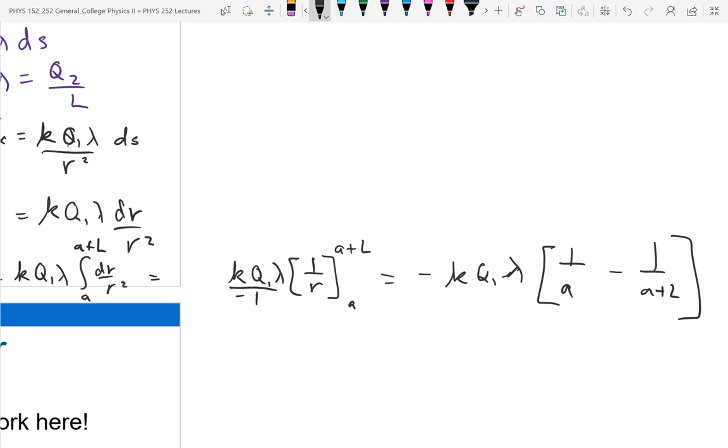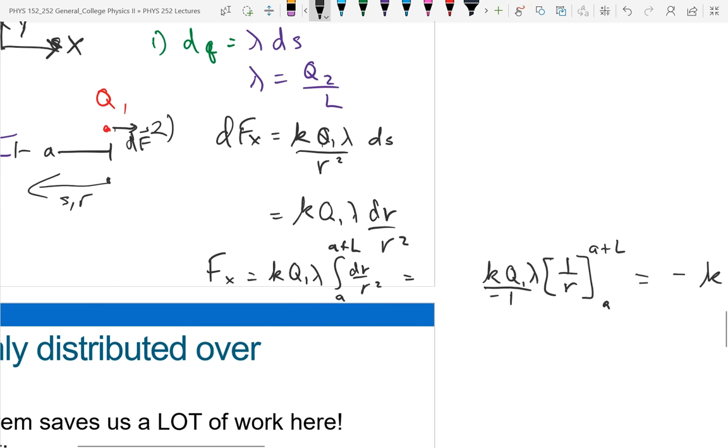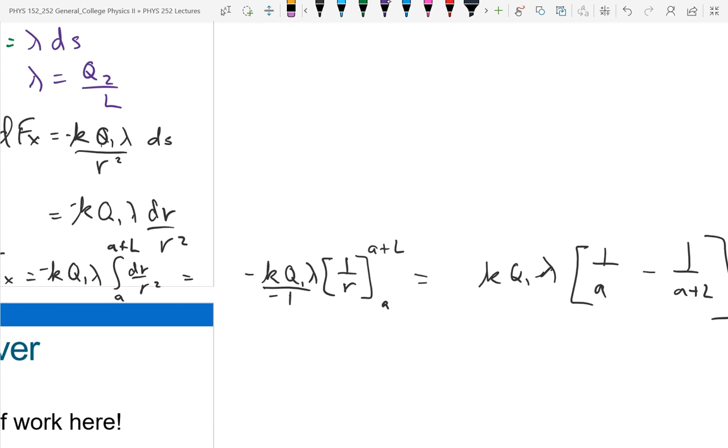So what was my sign error? I should have called those negative distances. Does the force equation have a built-in negative? It does. Didn't I put that in? Oh, you're right. I forgot to put that in. That changes everything. Look, now it's going to be right.